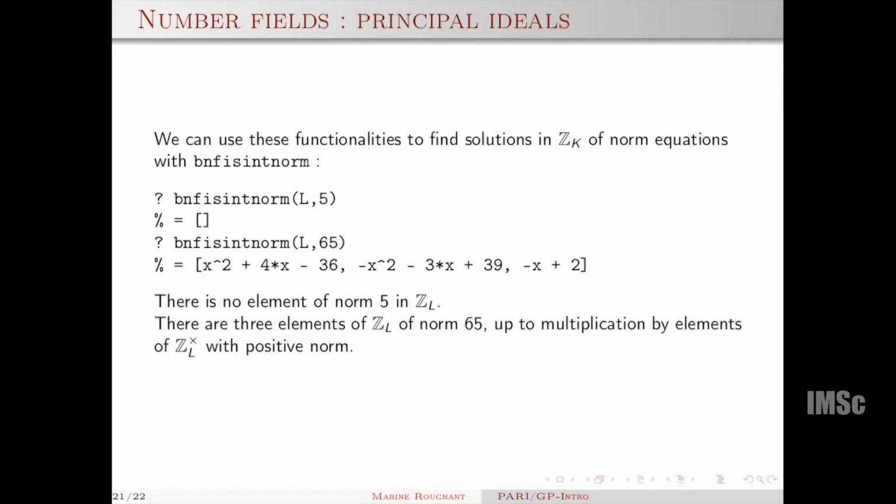So here, I have one ideal of norm 65, which is alpha squared plus 4 alpha minus 30. And yeah, we have this one, and this one. So we can see that minus alpha plus 2 is of norm 65.